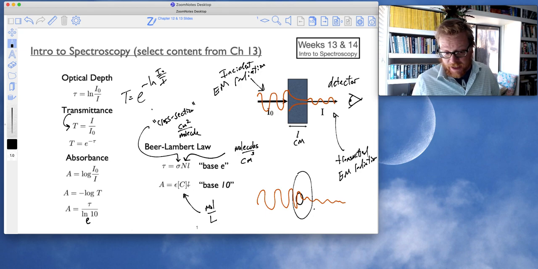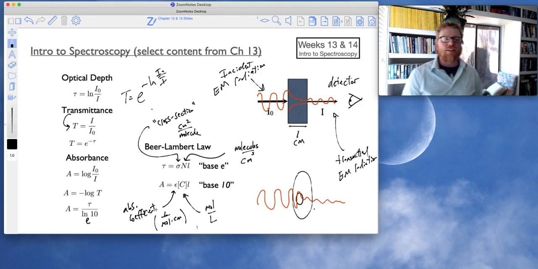My path length is still given in centimeters, and now my absorptivity coefficient, I'll write that as absorptivity coefficient, is going to have units of reverse concentration, liter per mole, and because the centimeter is there, per centimeter.